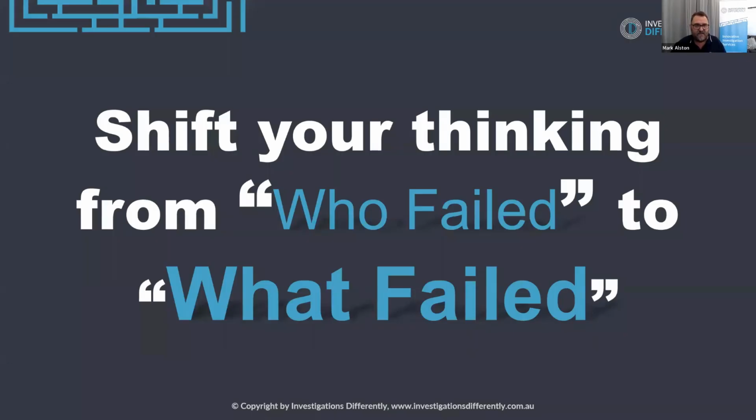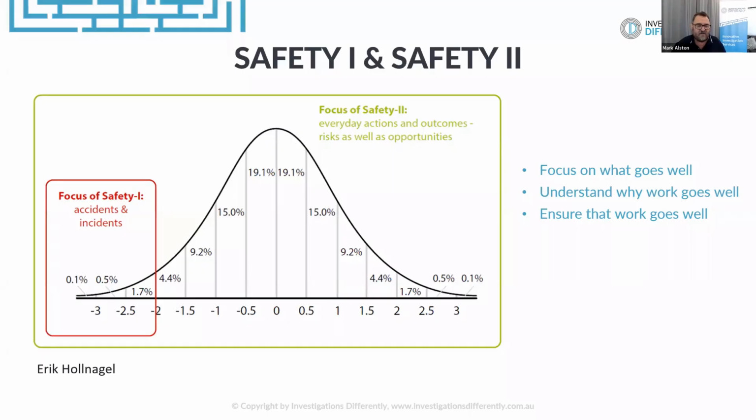Again, we're shifting our thinking from who failed to what failed. Erik Hollnagel talks about it in his book, Safety-I and Safety-II. Please refer to it as Safety-I and Safety-II, not just Safety-II, because it's not just Safety-II. Erik talks about, let's focus on what goes well, understand why work goes well, ensure that work goes well, not just when it goes wrong. But we still need to understand what goes wrong.